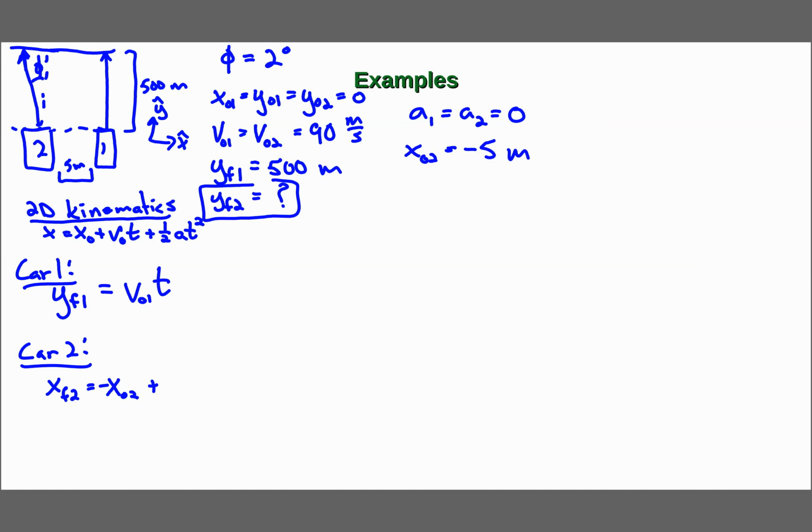Plus V naught of car 2 times T. And remember, this is just the X component. If we look up at the top here, this X component is opposite the angle. So this is a sine phi. V naught of car 2 sine phi is the X component of V naught.